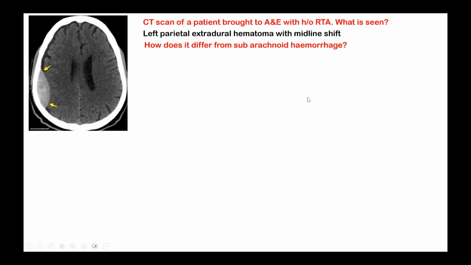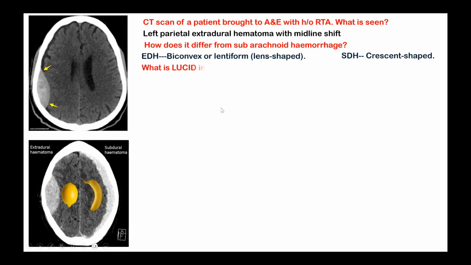How does it differ from subarachnoid or subdural hemorrhage? Subdural will be crescent shaped. This is biconvex or lentiform, and subdural will be crescent shaped.